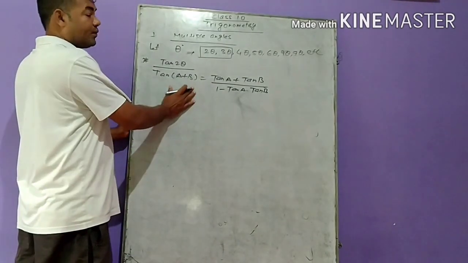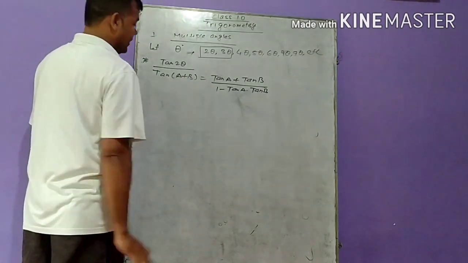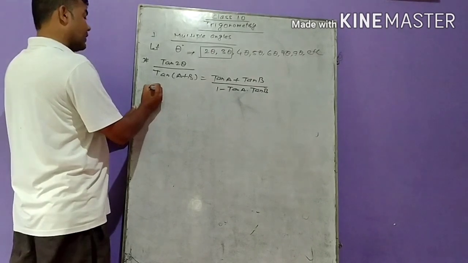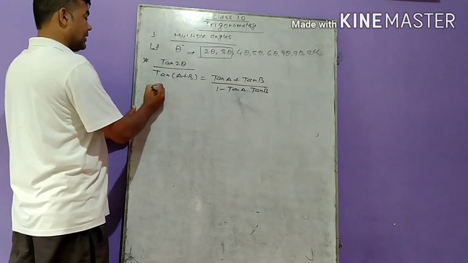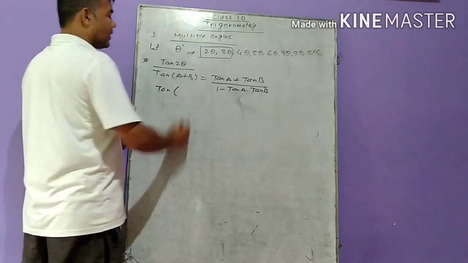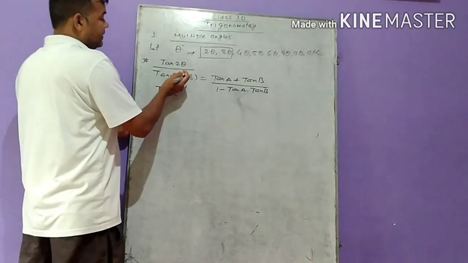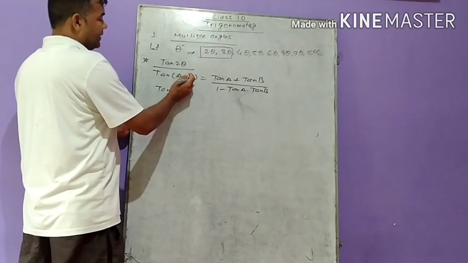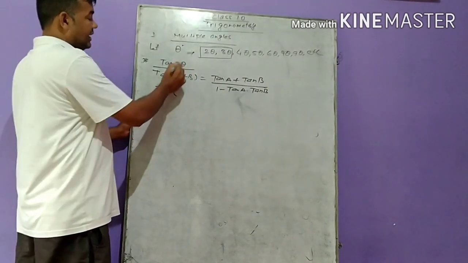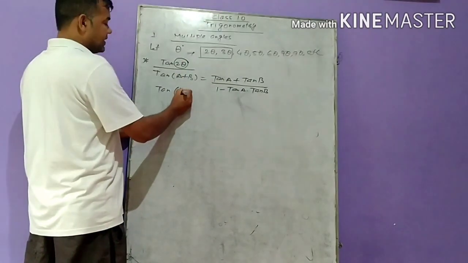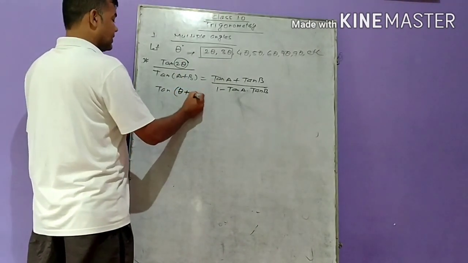This identity is true for every value of A and B. Now, if you replace this A and B by any values, you can put x and x, x and y, whatever. But here we are talking about 2 theta, so let's place theta, and B is also theta.